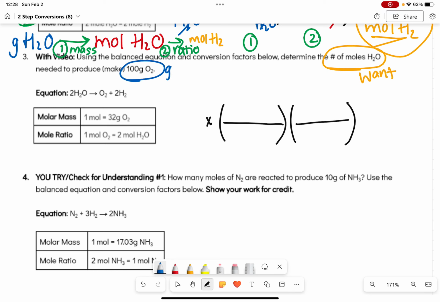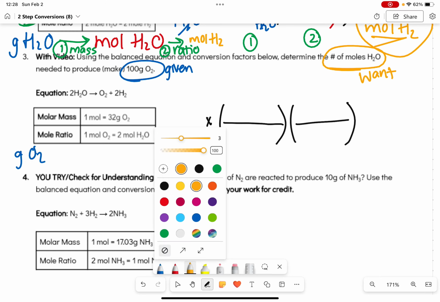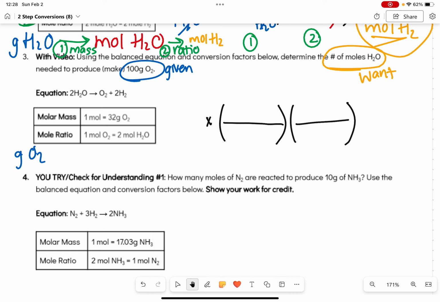And that is the number I was given. So we are starting in grams of O2. The first thing you need to do is to get it into moles of O2 by using your molar mass of O2.